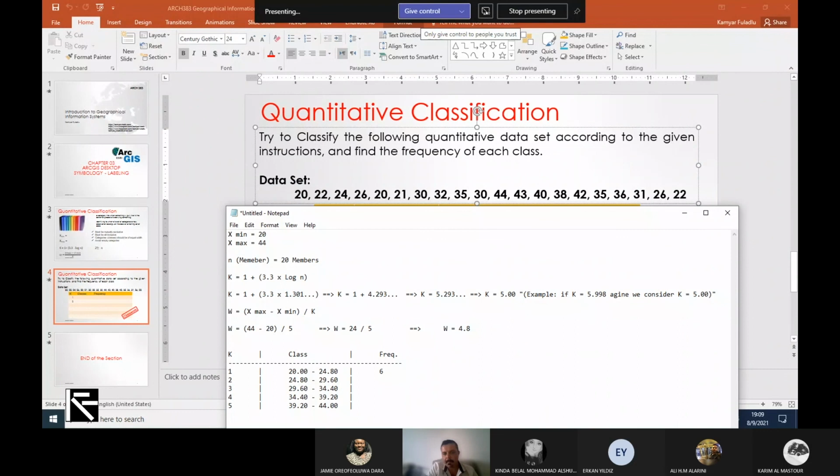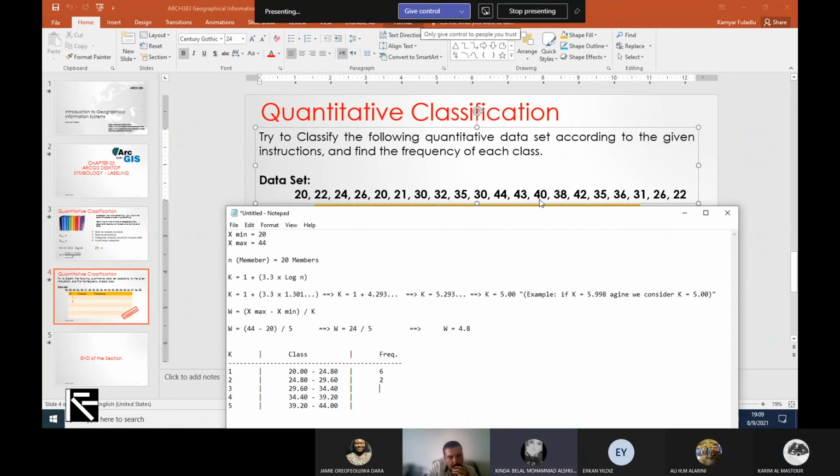Now next one. We need to start not from 24, because we put the 24 here, so 25. 25 to 29. We have one here, I think we have 2. Again, actually we have 3. We have 2 of 26.